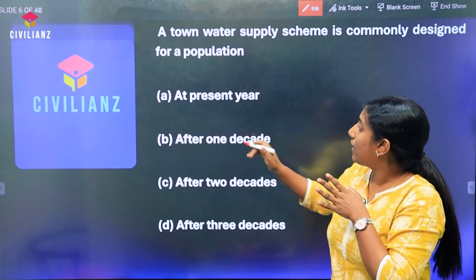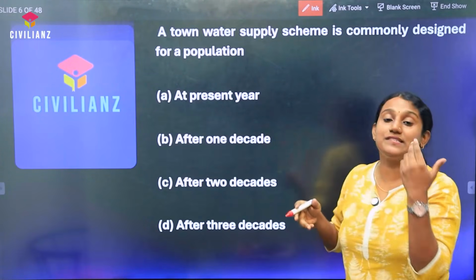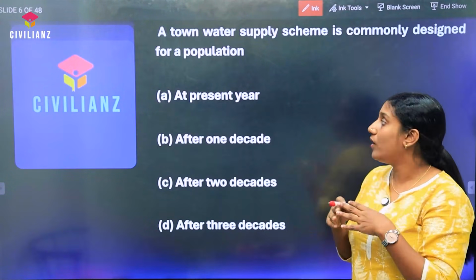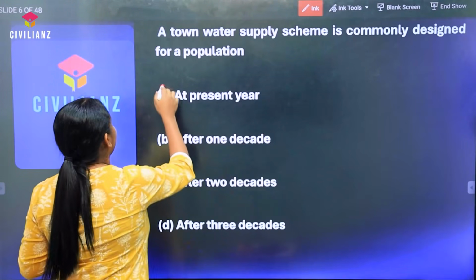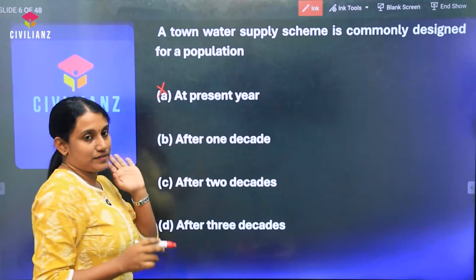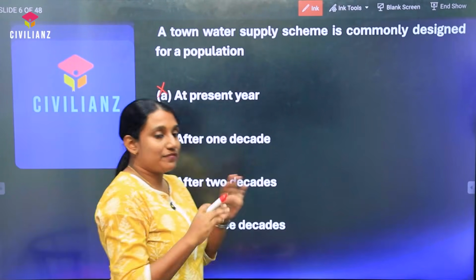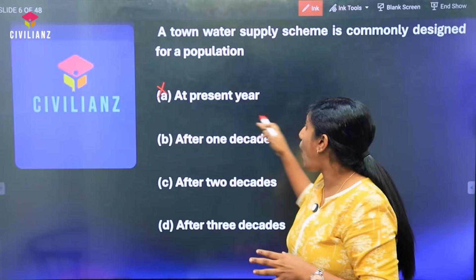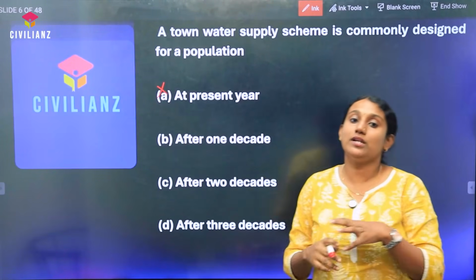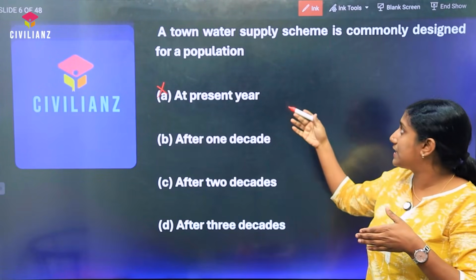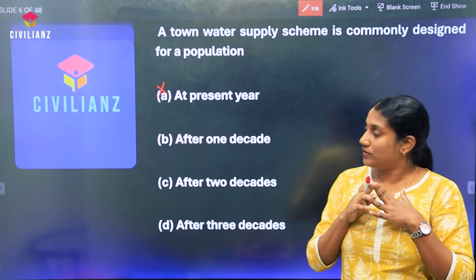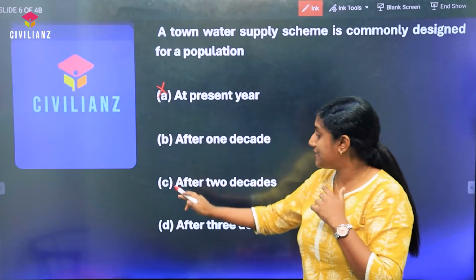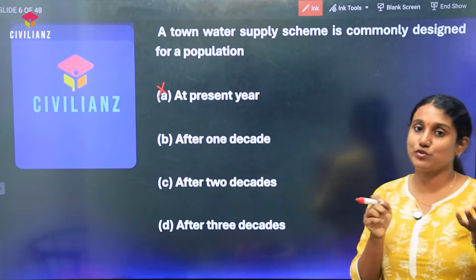Option A indicates the present year, so we can directly eliminate option A, because we don't consider the present population for the design of a water supply scheme. So B, C, or D, which one?